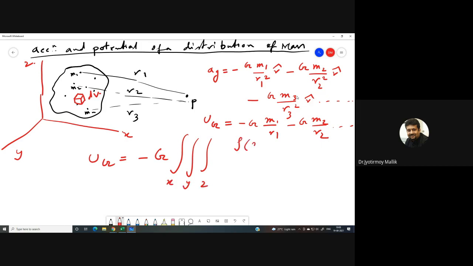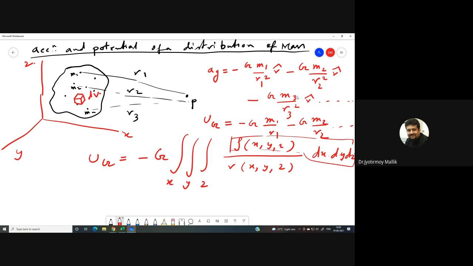So rho of x, y, z by r of x, y, z dx dy dz. This is nothing but integrating the volume delta v. Okay, so rho into dx dy dz is nothing but delta v. So this expression essentially accounts for delta v.